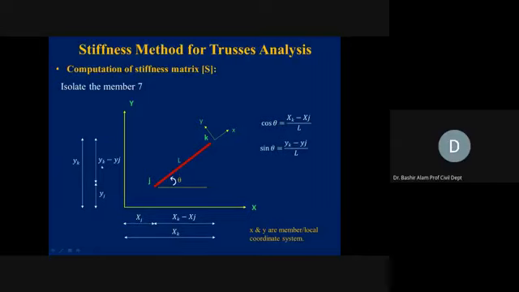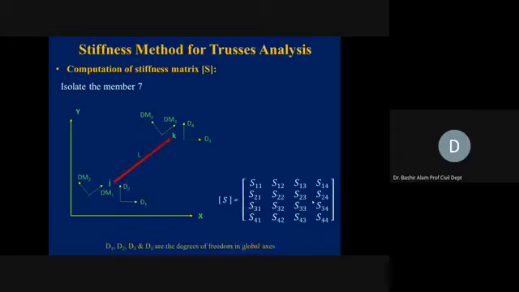So perpendicular, it is given here yk minus yj and divided by L. So onwards, we can relate this theta to the coordinates. If we find out the coordinates, we can replace the cos theta and sine theta with help of those coordinates. Here you see the local axis, and here you see the global system. And from now onwards, cos theta, we can use xk minus xj divided by L, and sine theta is equal to yk minus yj divided by L.